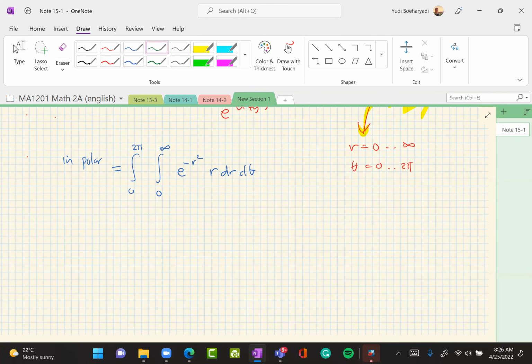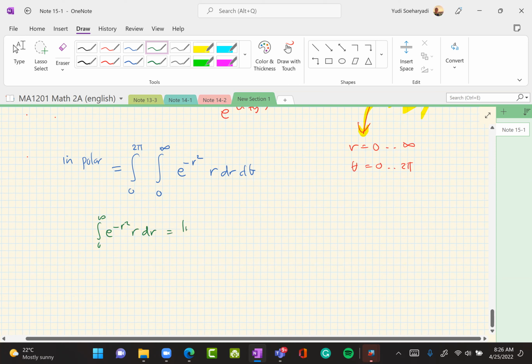Okay, so let's do some evaluation. That is the limit as b goes to infinity of the integral from 0 to b.